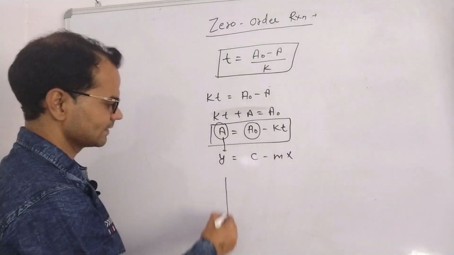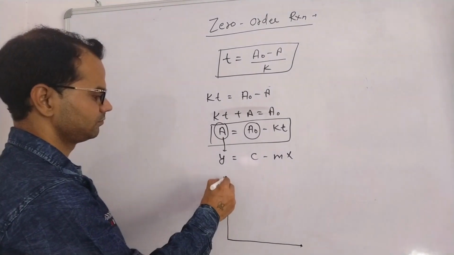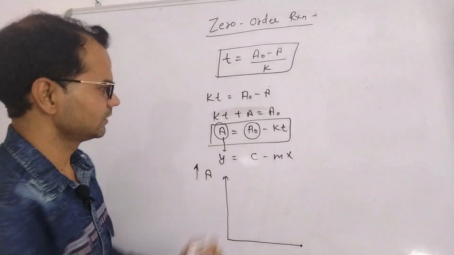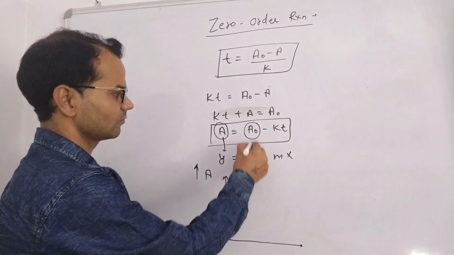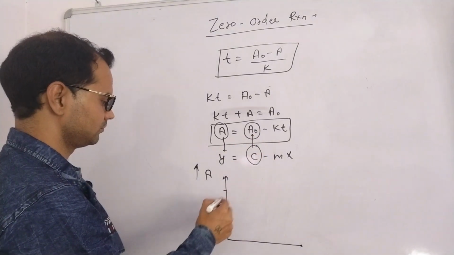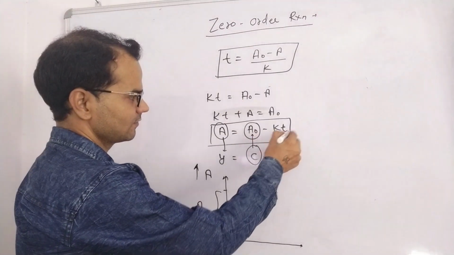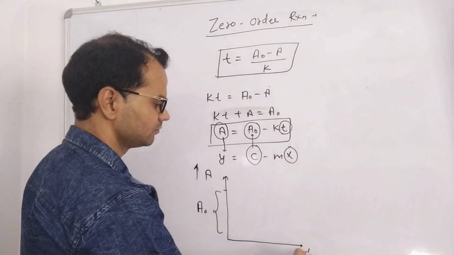So on y axis we have A, concentration of reactant, c is the intercept, A0. On x axis we have t.